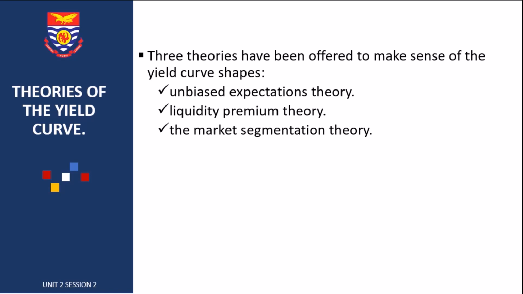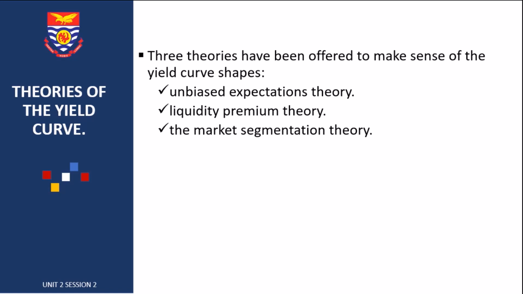And a flat yield curve, according to the expectation theory, means that investors expect future interest rates to remain constant at today's level. So no matter the number of years you are going to borrow, or they are going to lend to you, the interest rates being charged to different investors are the same.